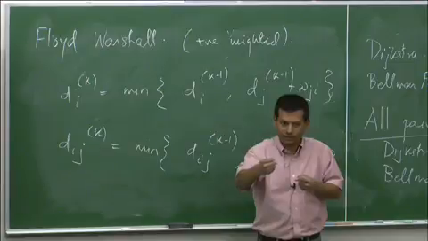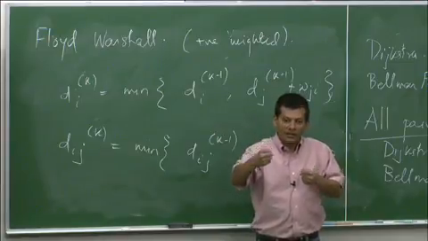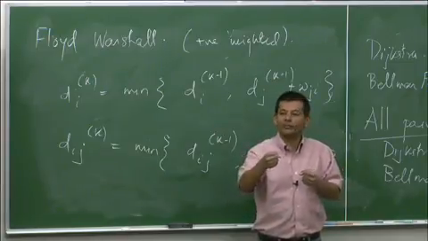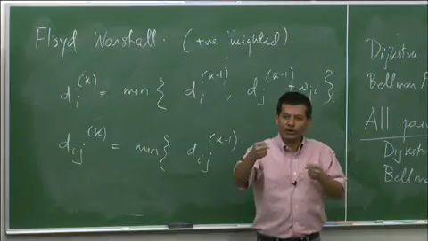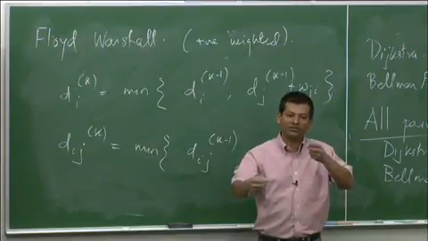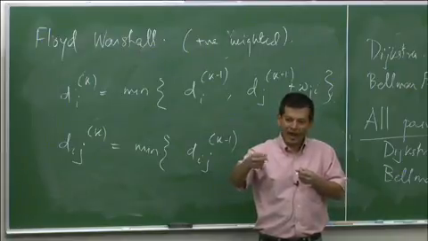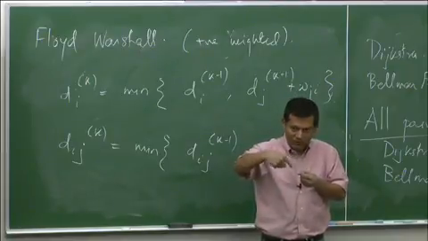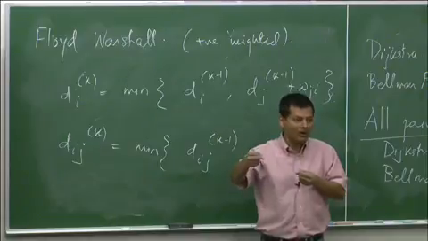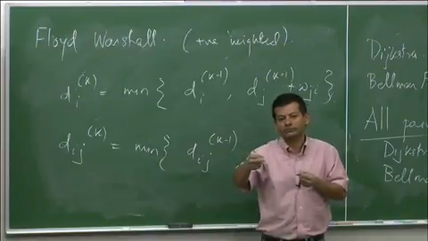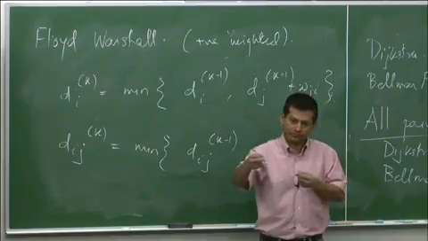I do not care. But d_ij superscript k is going to stand for the distance from i to j, so that the intermediate nodes, the nodes that you are allowed to pass through, are only 1 through k. You are not allowed to touch any other node.